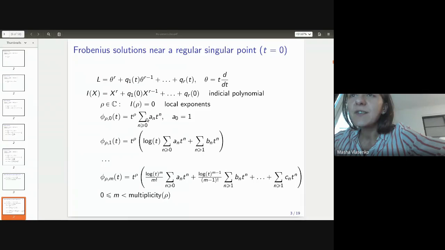This power series solution starts in degree t to the rho. We take a0 to be 1, and then the next power series that we find here all start in degree 1 or higher. We subtract a multiple of this first series, and in this sense we have really a fixed set of solutions.